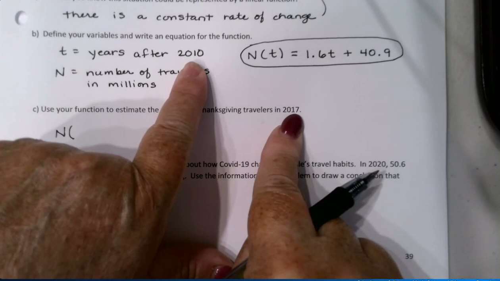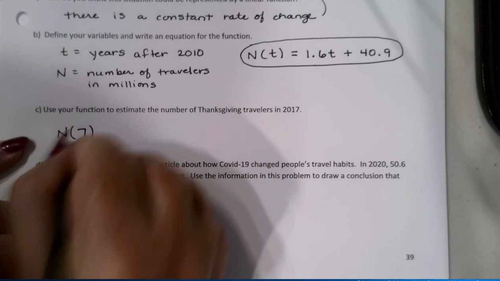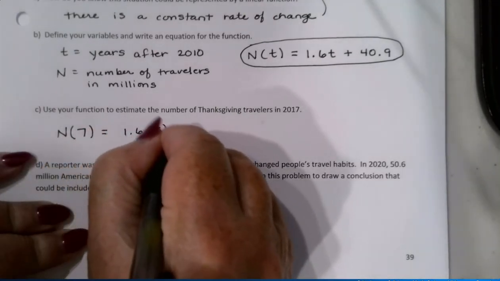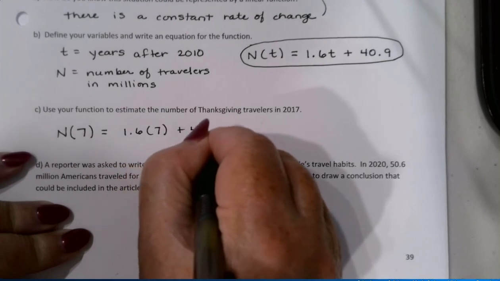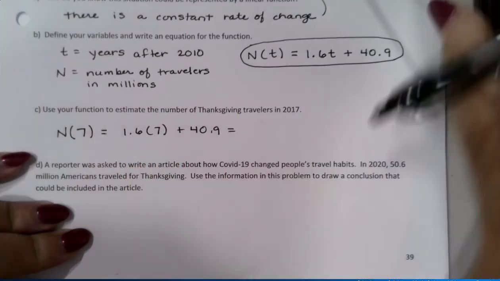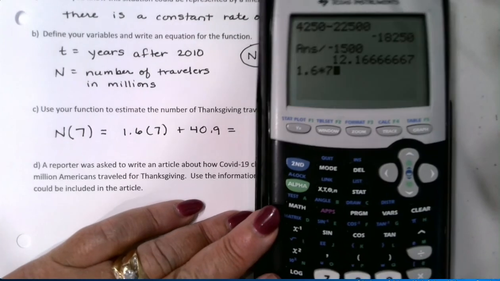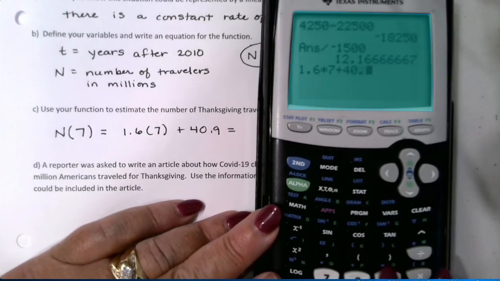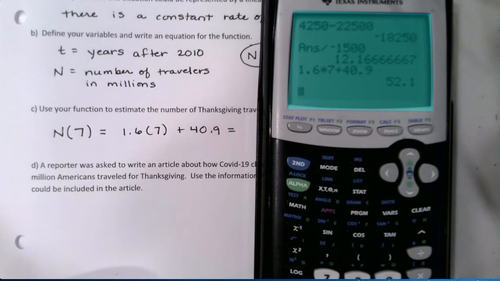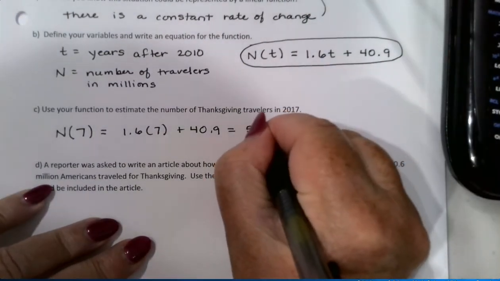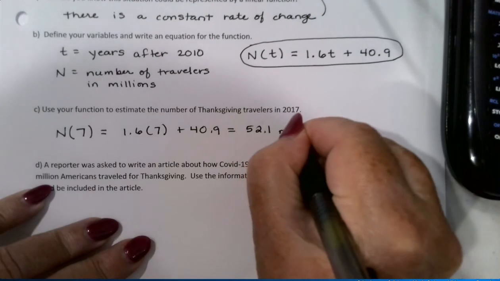So I'm going to plug in t equals 7. And I'm getting 52.1. And remember, that was in millions.